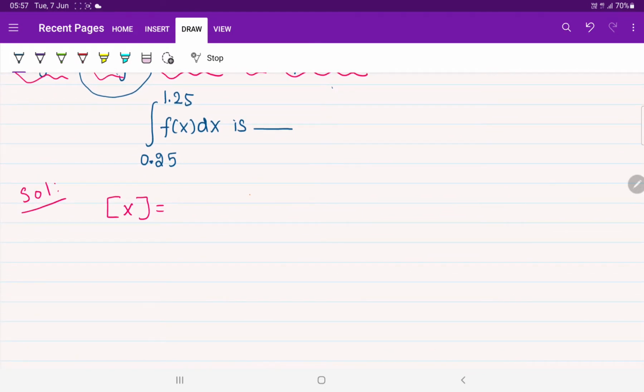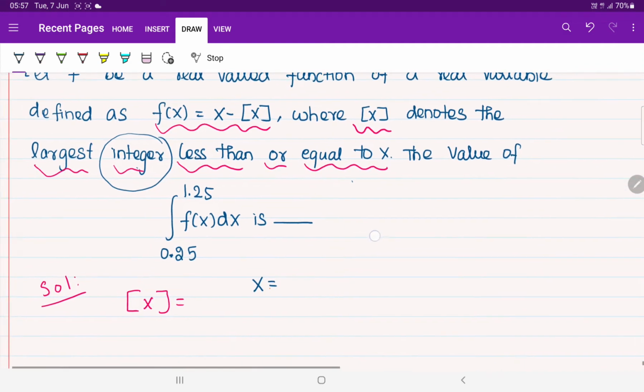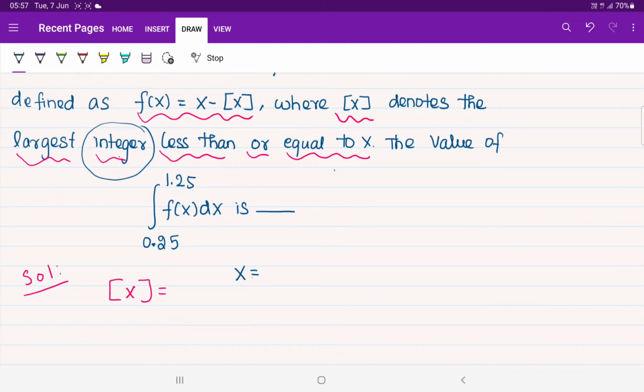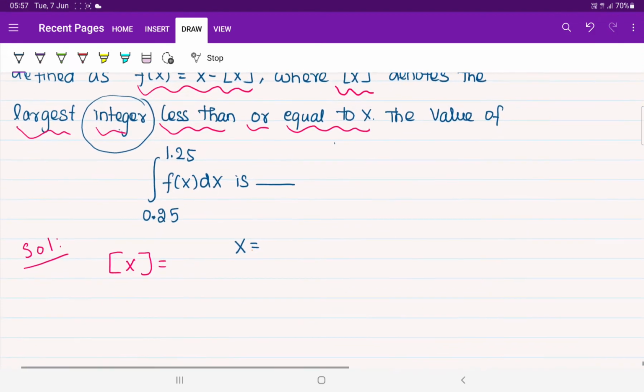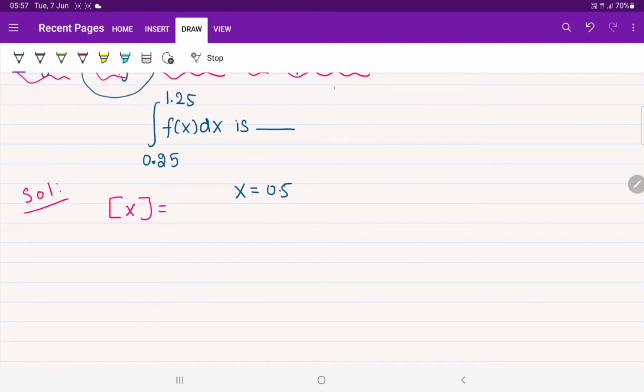Suppose I am taking the value of x equal to some limit. Let me define: the largest integer value less than or equal to x. Means if you are taking x equal to 0.5, tell me, what is the value of x? 0.5.